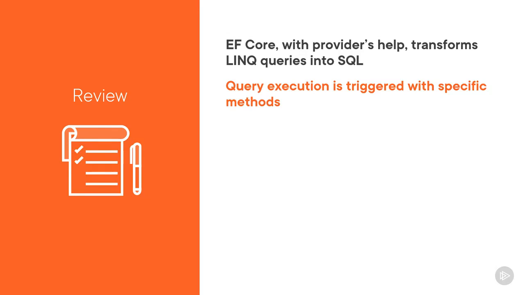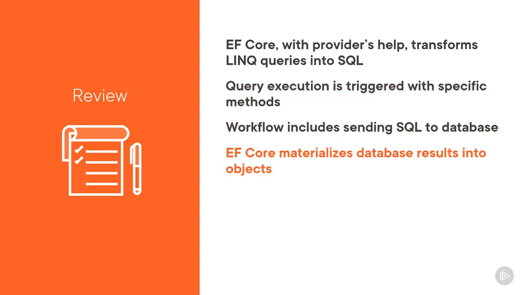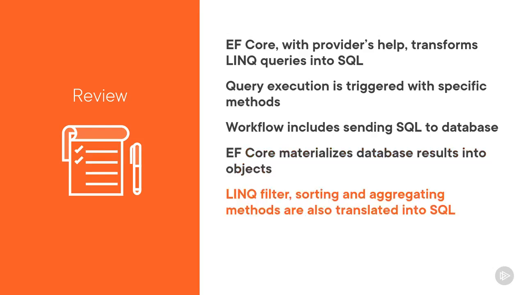And you need to use one of the execution methods like ToList or even FirstOrDefault to trigger EF Core's query workflow of transforming the LINQ into SQL, sending it to the database, and then materializing the database results into objects. And EF Core, along with the database provider, is able to translate all of that into SQL that gets executed on the database.